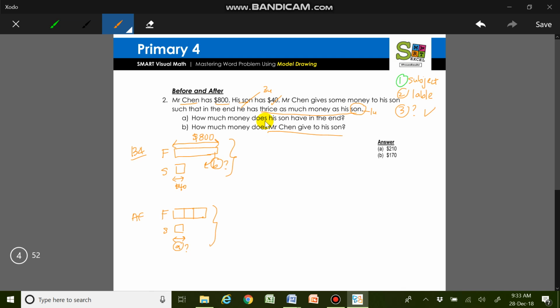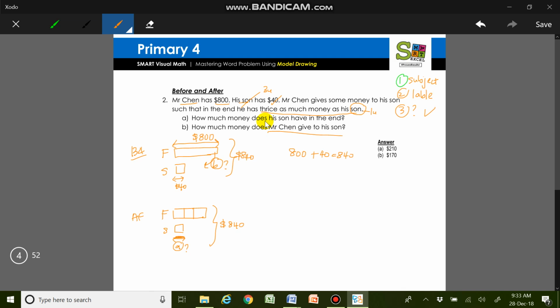So our first step is to find the total. With the 800 we add 40, and we get $840. Now the first question, A, asks what the son has in the end.